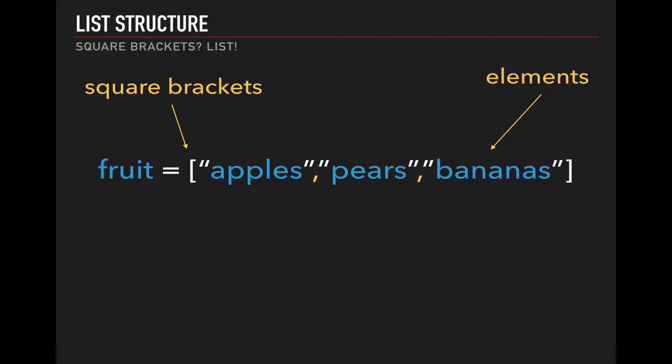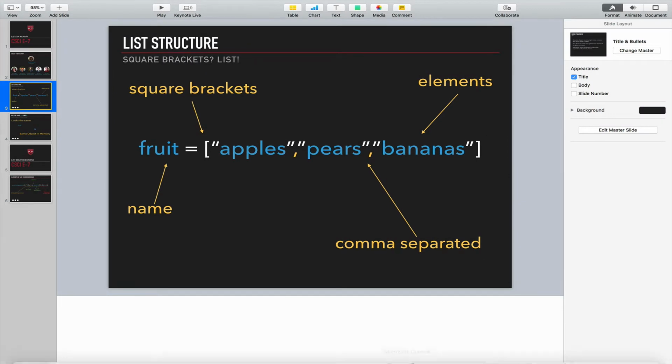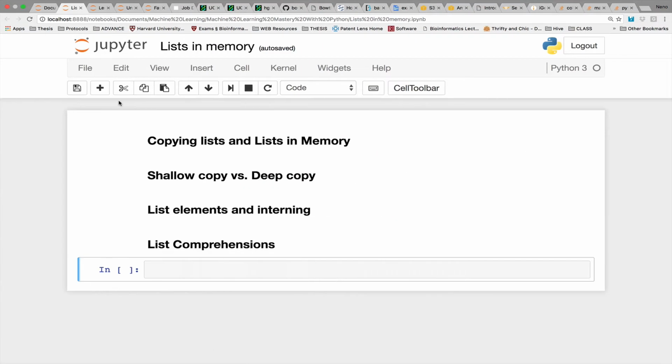Those elements can be strings, other lists, tuples, integers, floats, dictionaries, etc. You can store any kind of stuff in lists. We also have the list name that you can choose, and it should always be descriptive depending on what you're storing in those lists. And finally, these are comma separated elements.